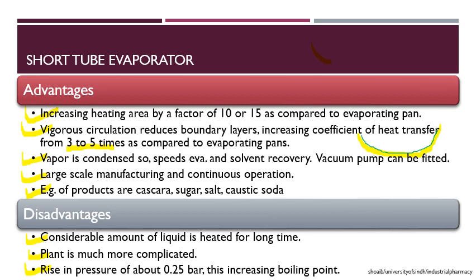Due to this complex structure, the pressure inside the container may increase by 0.25 bar, and if the pressure increases, there will be a change in the boiling point of the substance.